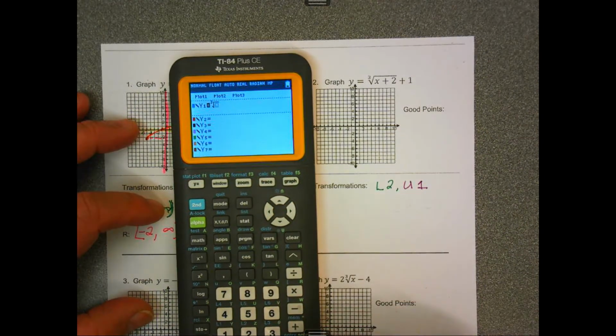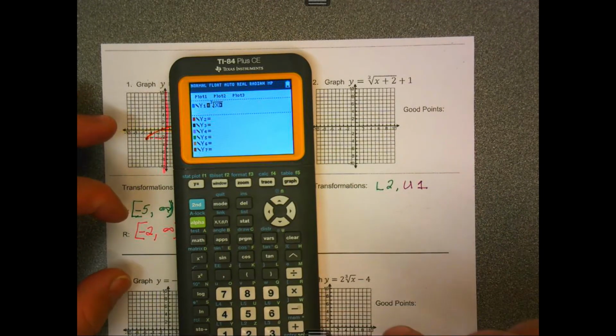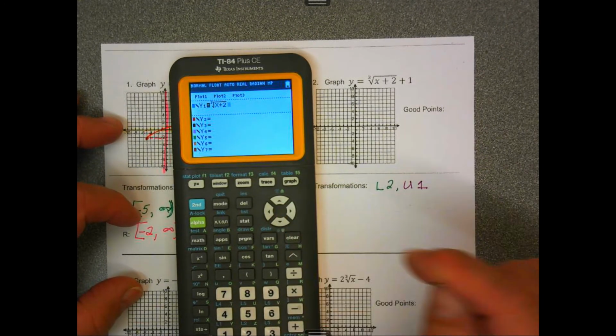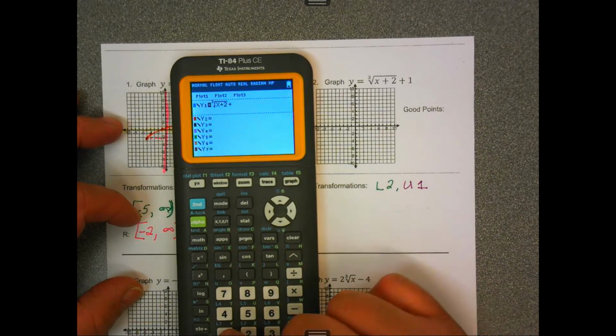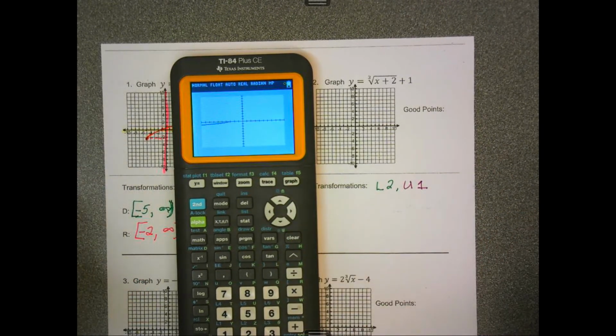Hit enter, cube root of x plus 2. Use my arrow key to get out of that radical, plus 1. I'm going to graph it. And there's my sideways S with the transformations.